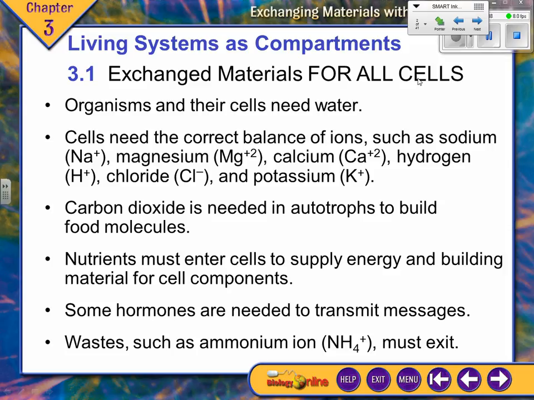We have to get rid of it. We make it as a waste product, and some forms are bad for us. We need nitrogen, though. It's in our DNA, right, in our RNA. But it also is poisonous, and that's what kidney dialysis is all about. Because if you cannot get those bad things out of your body, you will be poisoned. Okay, so moving on.